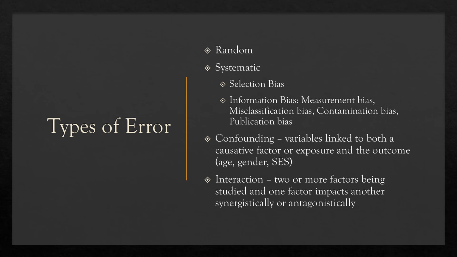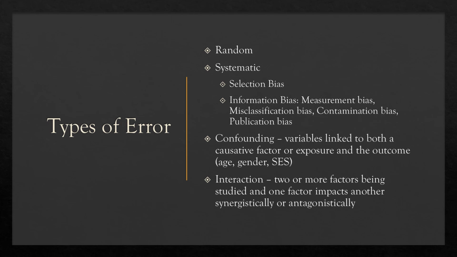Systematic errors are really more serious because they impact the validity of the study, and the ability to extrapolate meaning from that study. They're typically broken down into selection and information bias. So selection bias means the selected subjects in a sample are not representative of the population of interest, or the comparison group.